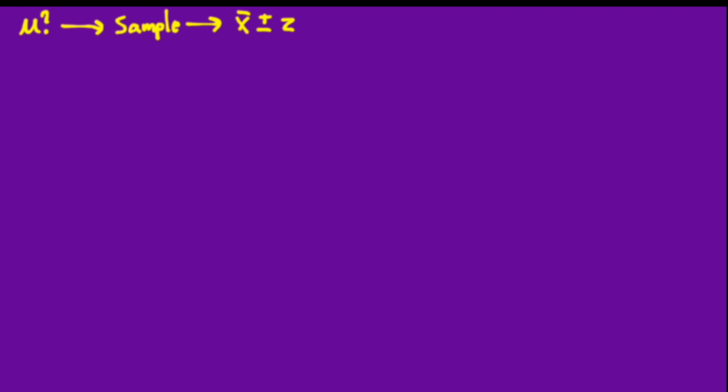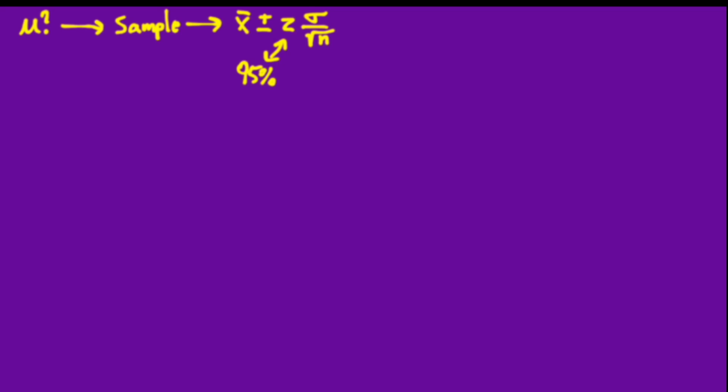So far, we've used the z-distribution with the population standard deviation and, of course, the sample size. That's really the system we've used thus far, right? And we've had to make the decision of whether we want 95% or 90% and so on.